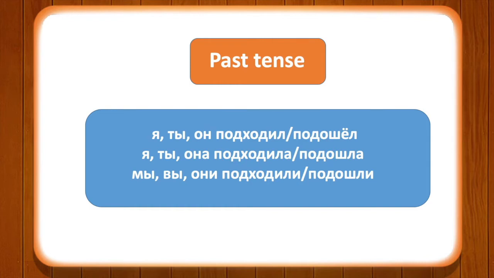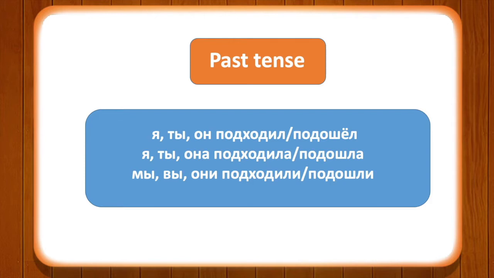For masculine, feminine and plural, they change with the addition of endings: л for masculine, ла for feminine and ли for plural. The past tense for подойти and подходить would be: я подходил, подошёл, подходила, подошла, подходили, подошли. So simple, in a very easy manner you can also conjugate them in the past tense.